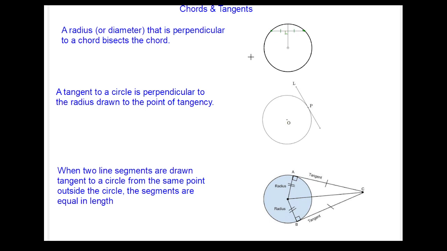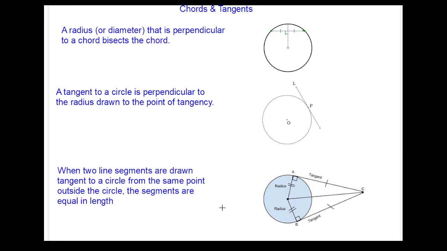All right, the next one here is about a tangent. Just a reminder, a tangent is a line that just touches the edge of a circle. We can see here that we get a tangent. It just touches the circle at point P. And this one says that a tangent to a circle is perpendicular to a radius drawn at the point of tangency.